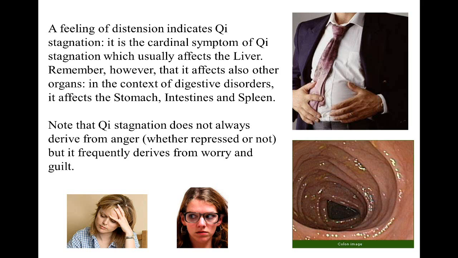Another possible emotion that may lead to qi stagnation is also guilt and fear. So we should not oversimplify and say qi stagnation is always due to the liver and is due to anger. It's not like that. It can affect practically any organ, and it can come from different emotions.